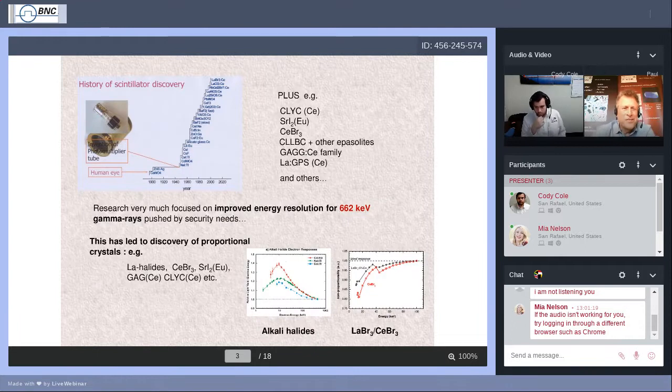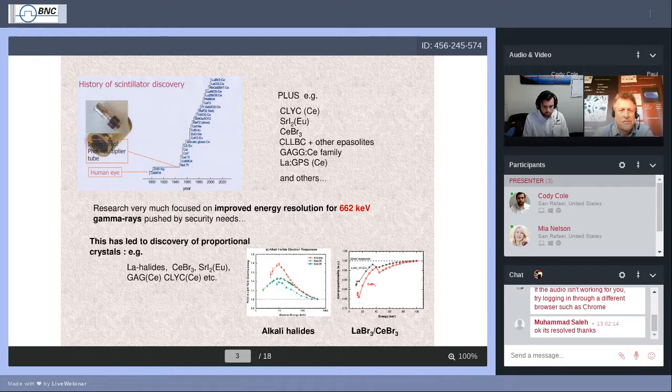Let's go a little to the history of scintillator discovery. It's closely correlated with the invention of light detectors. Since the photomultiplier tube was developed in the 1950s, we see a steady development of new scintillators, each with different properties. And around 2000, we see a development of some new generation materials called proportional scintillators or high-resolution scintillators.